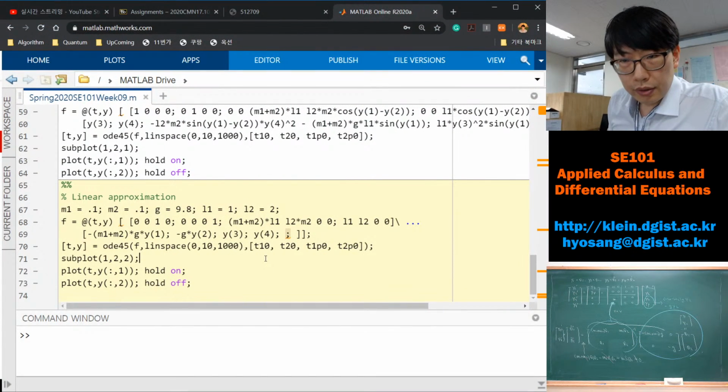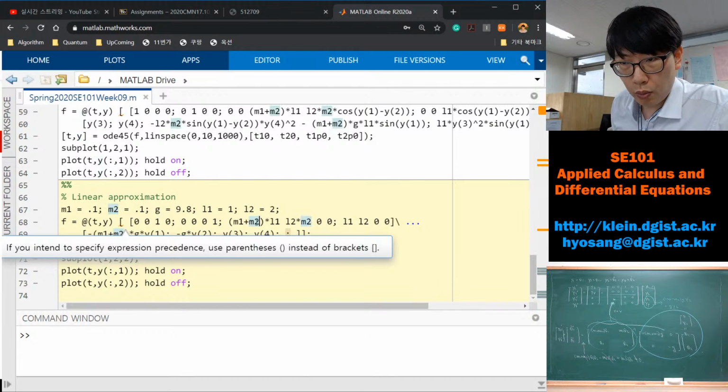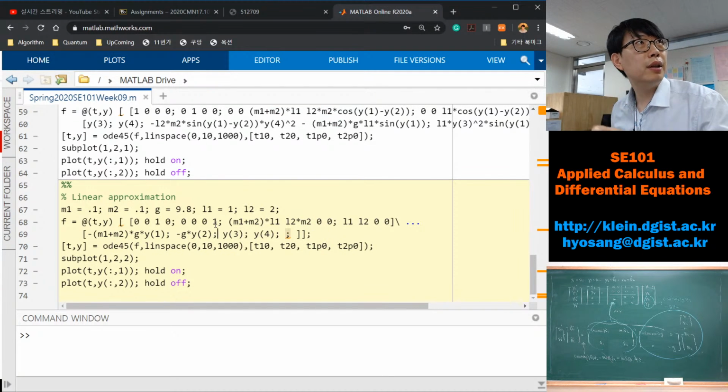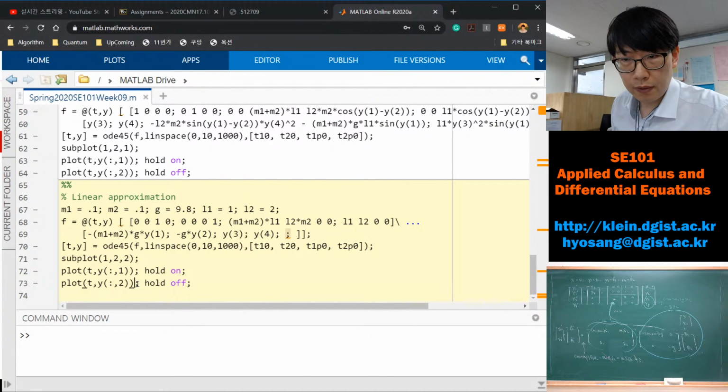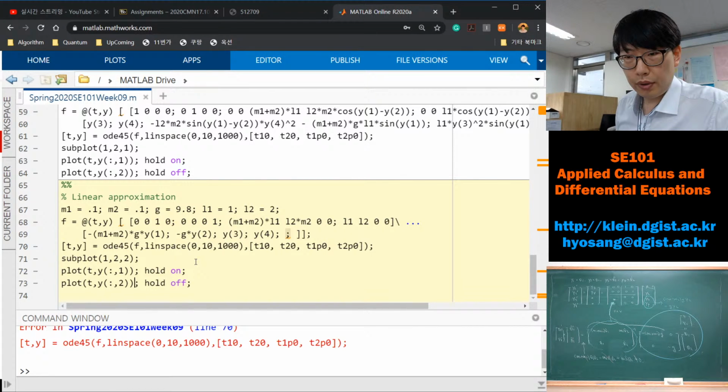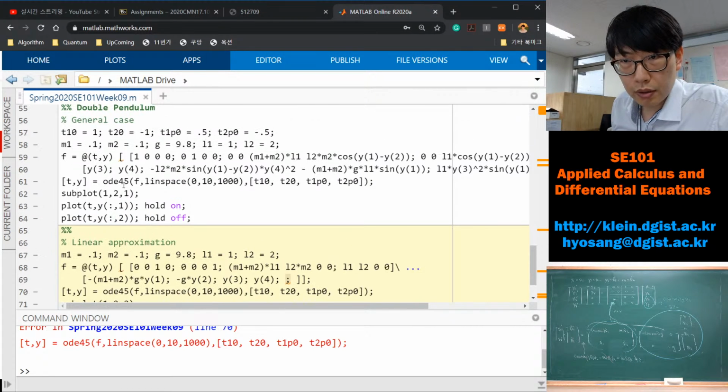So that's the result, and then I'm drawing y1 and y2, which means theta 1 and theta 2. Okay, so let's see, t1.